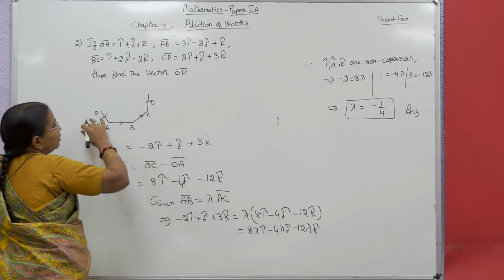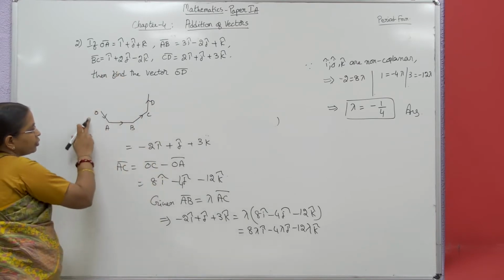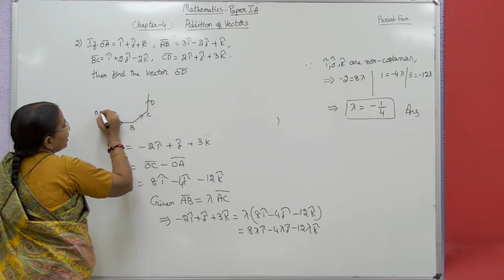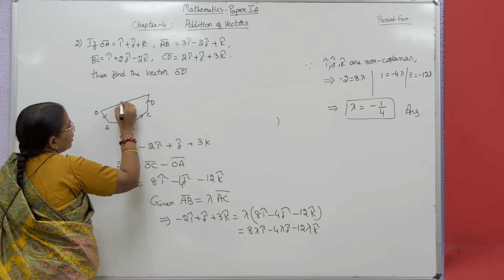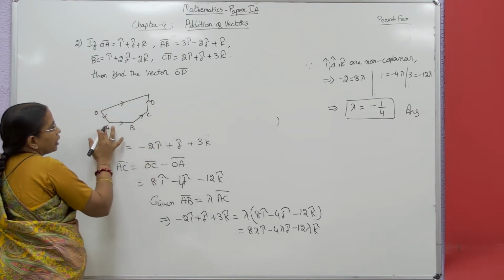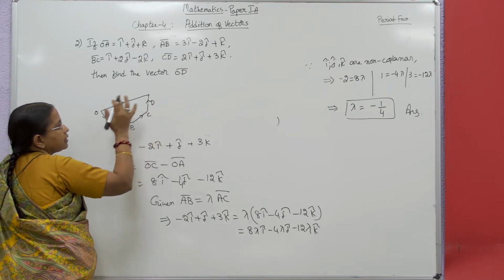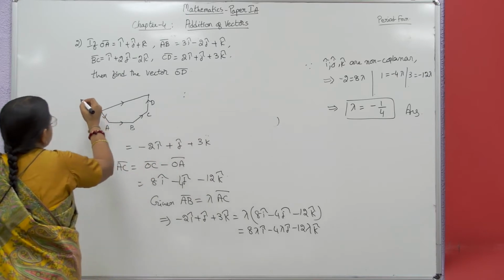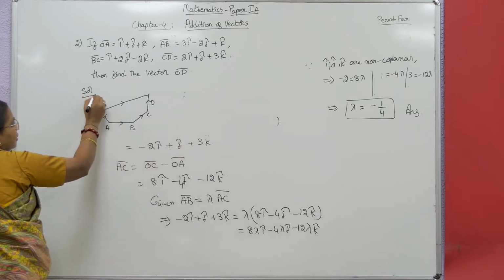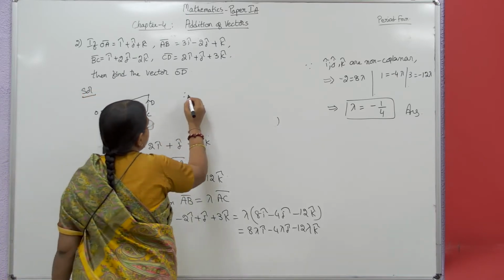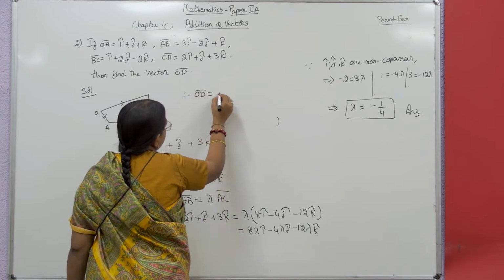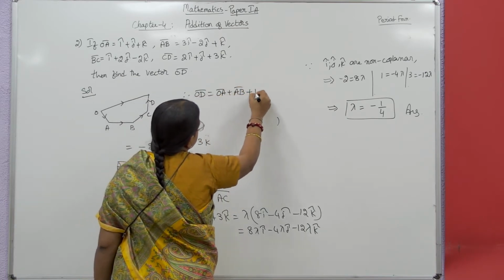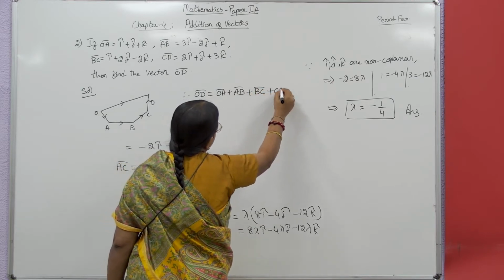This is like a continuation. So now what is OD? If I join, OD is nothing but OA plus AB plus BC plus CD. Therefore OD is equal to OA plus AB plus BC plus CD.